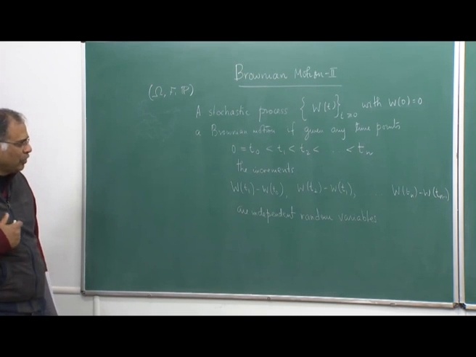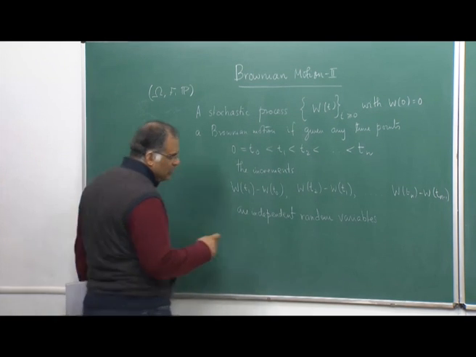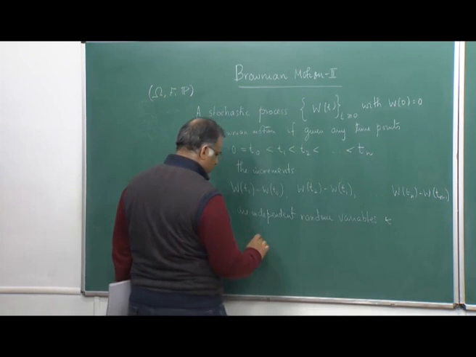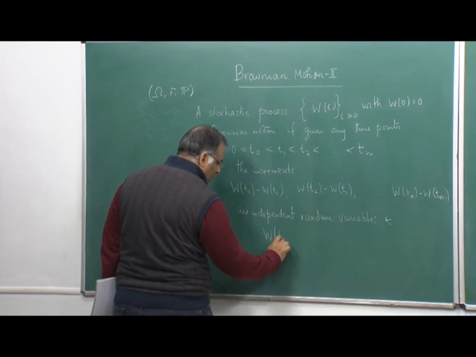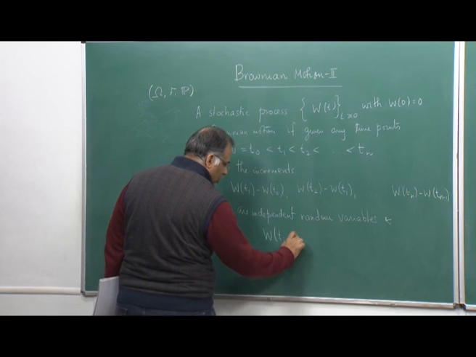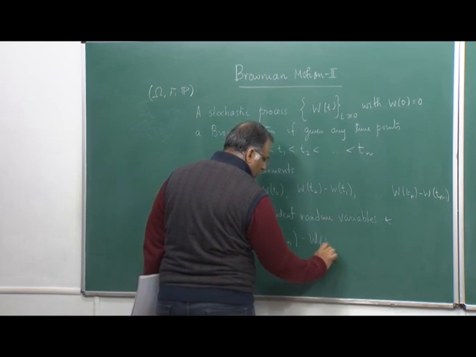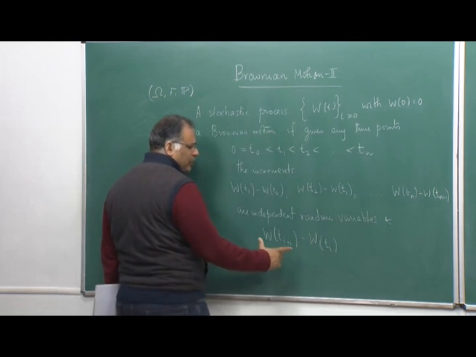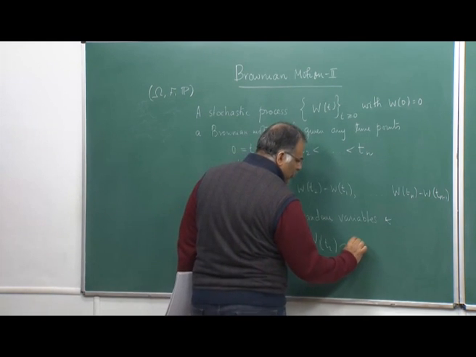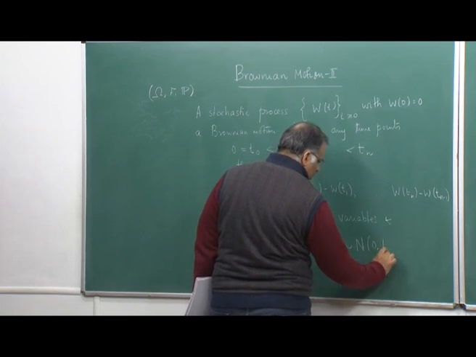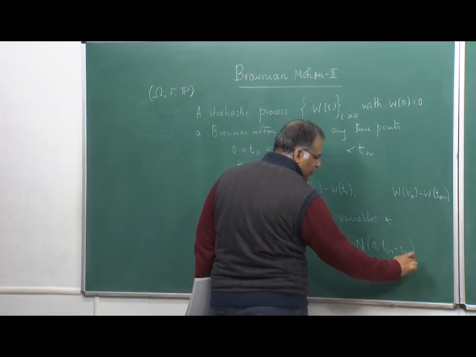It is a very short and compact course. So, these are independent random variables and W(Ti+1) minus W(Ti), this random variable follows the normal distribution with mean 0 and variance Ti+1 minus Ti.